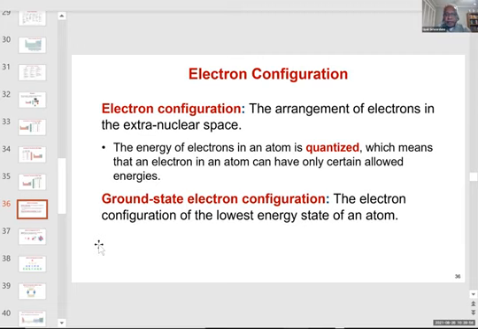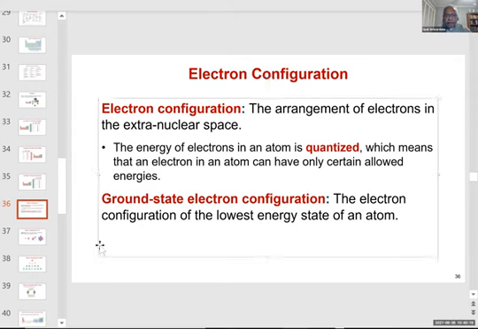The ground state electronic configuration is when the electrons are added to the lowest energy states of the atom.